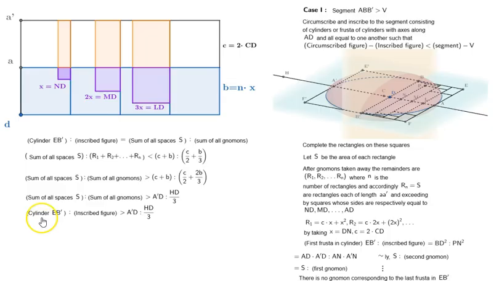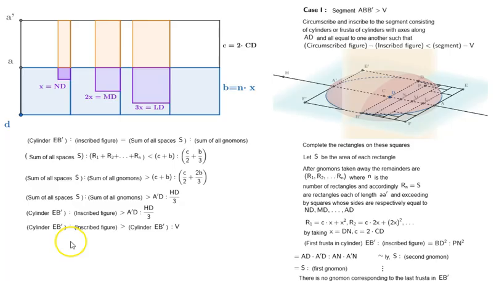Now, the sum of all spaces S is nothing but cylinder EB prime, and the sum of all gnomons is the inscribed figure. So the ratio of cylinder EB prime to the inscribed figure is greater than A prime D is to HD by 3. Now, in the previous slide, we saw that cylinder EB prime is to V is equal to A prime D is to HD by 3.